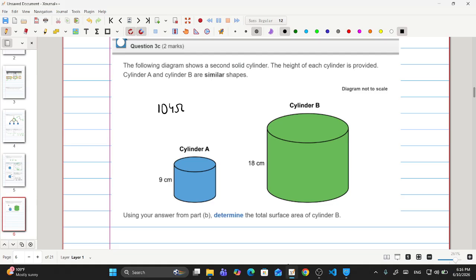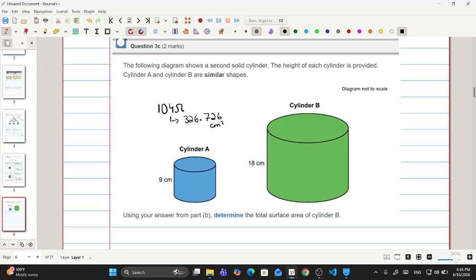And 104 pi, if I was to calculate it to find a roughly similar value, it would be 326. Let's take it to at least 3 decimal places: 326.726 centimeters squared. Okay, so just for the idea, I'll just use the 326 value.